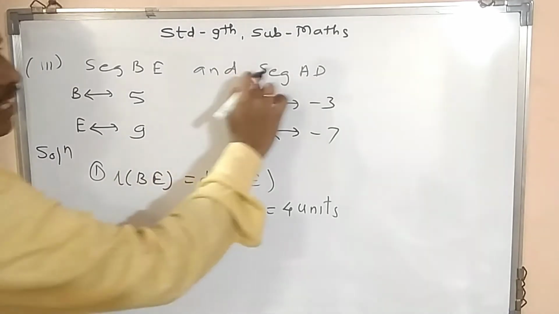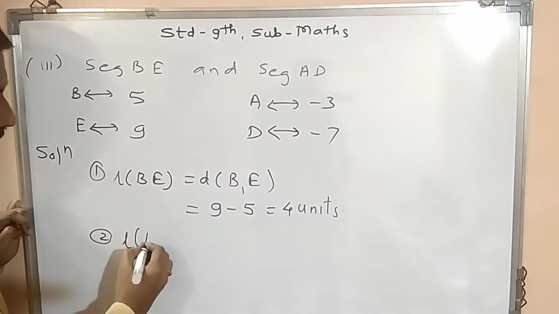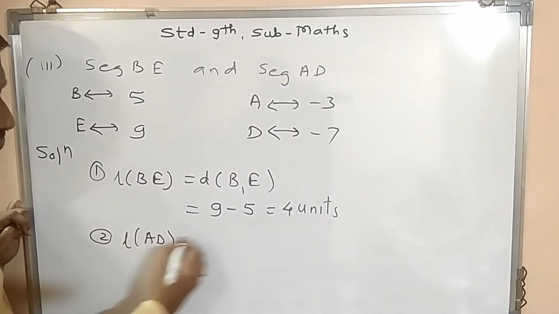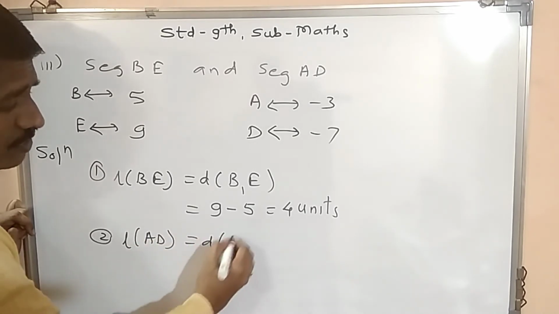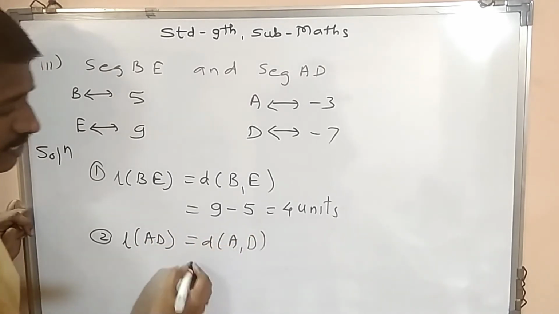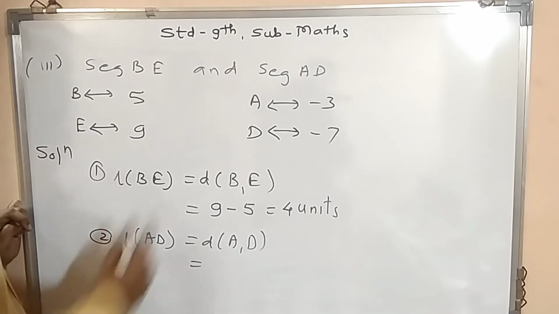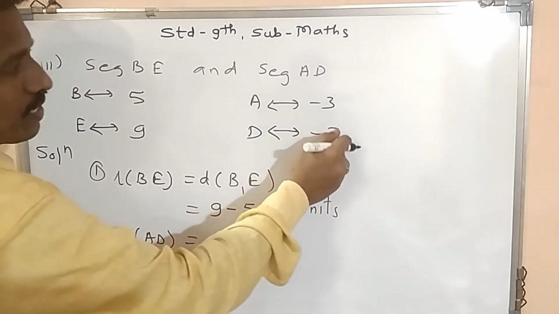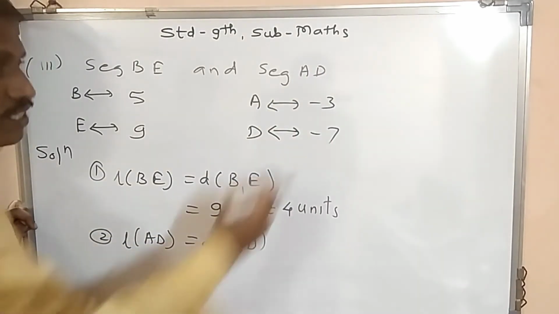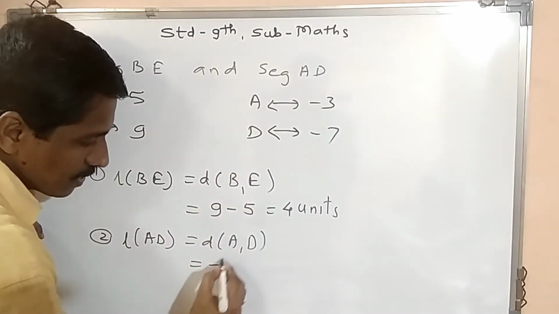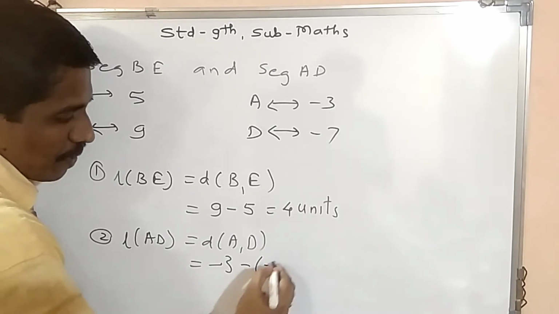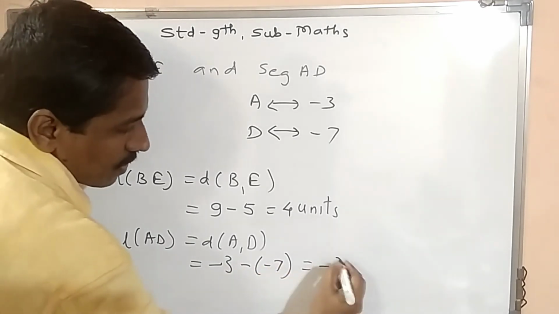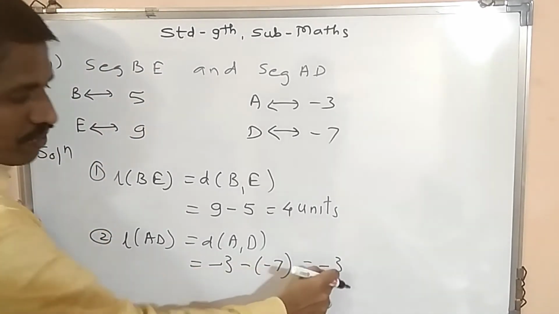Now to find the length of segment AD. We denote this as length AD, that is nothing but the distance between points A and D. The formula is greater coordinate minus smaller coordinate. Here we have -7 and -3. Which one is greater? -3 is the greater coordinate, minus -7. That is nothing but -3, this -3 will remain the same.